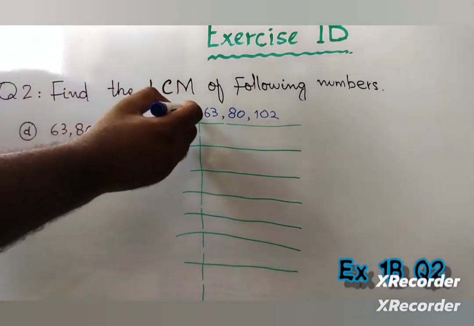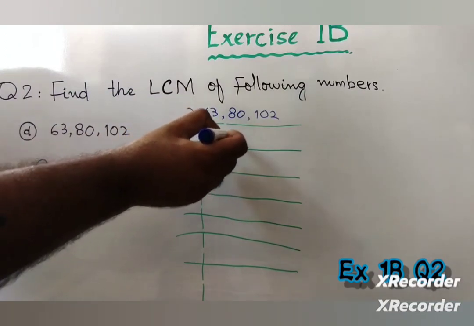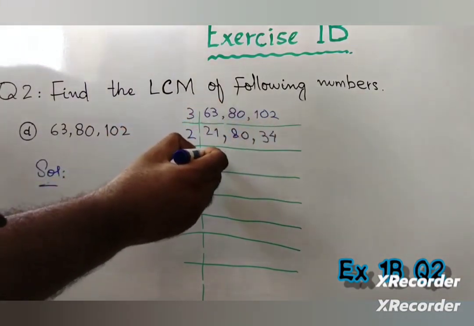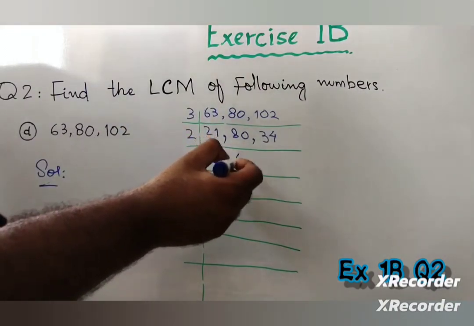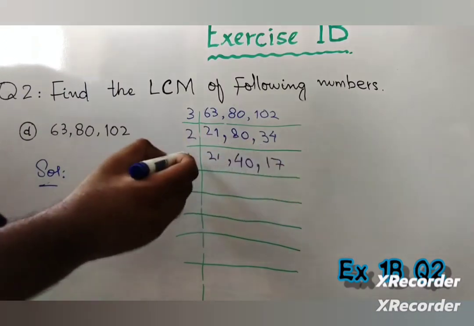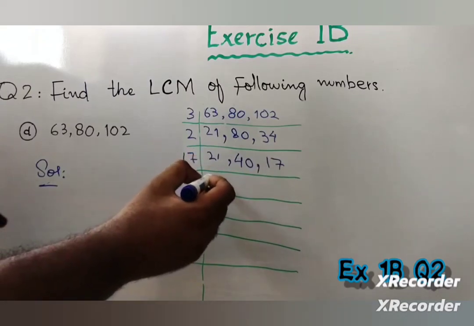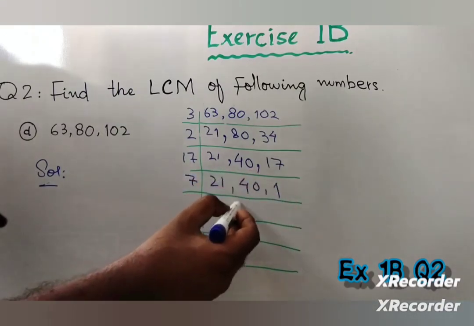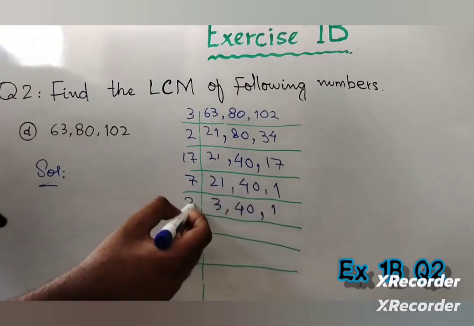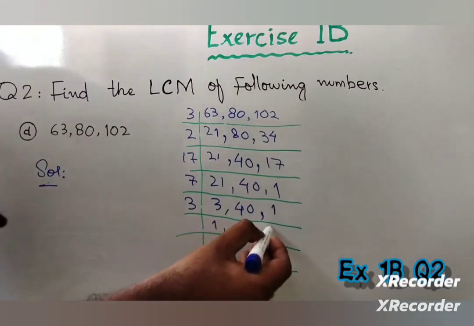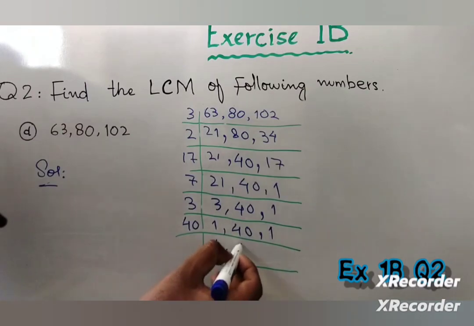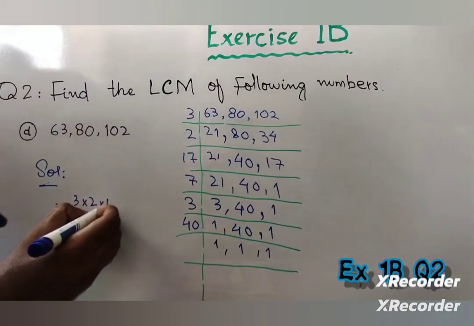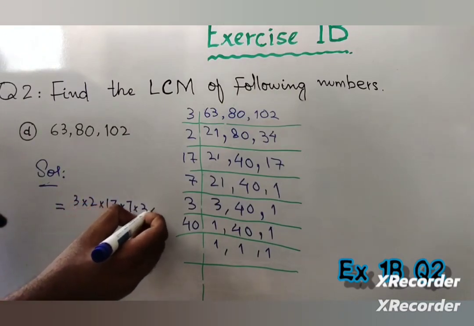Similarly, now from 40 we get what multiples we get. 3 multiplied by 2 multiplied by 17 multiplied by 7 multiplied by 3 and multiplied by 40.